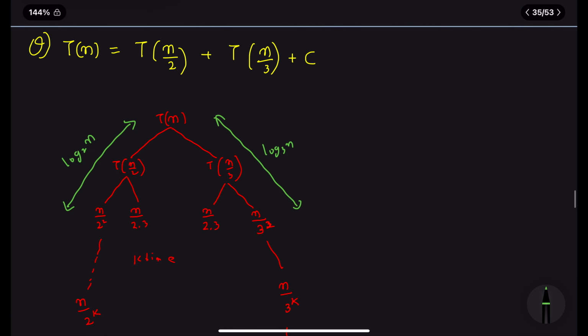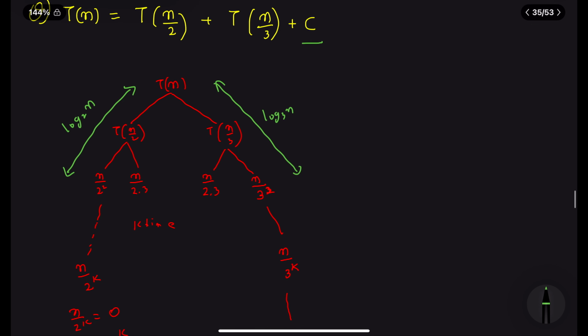If you look at this recurrence relation, it is consuming C unit of time at every function call. For the first function call it is only single, so it will consume C unit of time. For the second level there are two function calls, so 2C unit of time will be consumed.